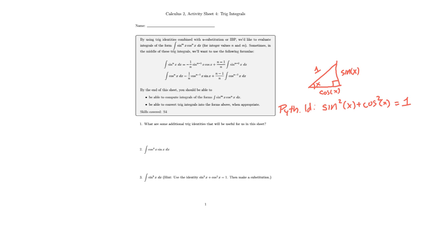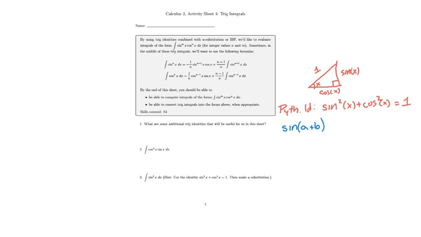Okay, so we've got the Pythagorean identity, and we've also got the sum formulas. At least I think they're called the sum formulas. And that's what happens if we have something of the form sine of a plus b, or similarly cosine of a plus b. And so these are the ones that I have memorized that I think are worth knowing. They come up time and again in various math classes.